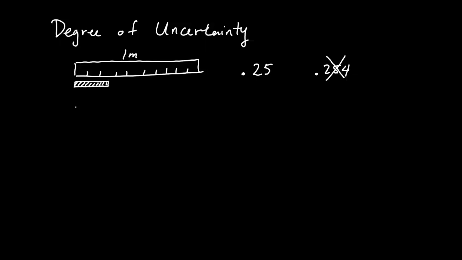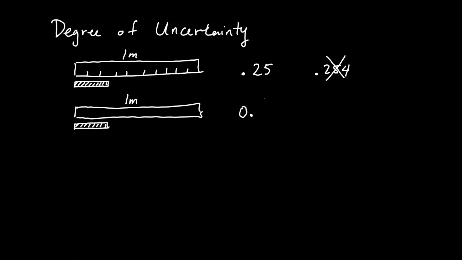Okay, let's take a look at another example. Here I have another ruler, and this is also a 1 meter ruler, and I want to know how long this bar right here is. If I were to estimate this, I know it's between 0 and 1 meter, and then I'm going to estimate it to one more place. I'm certain about the ones place, so it's going to be 0 point something.